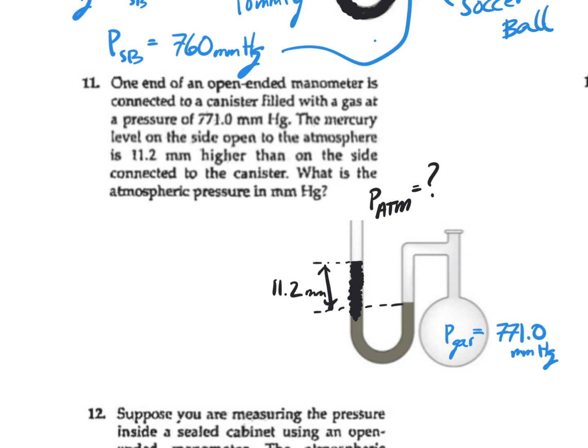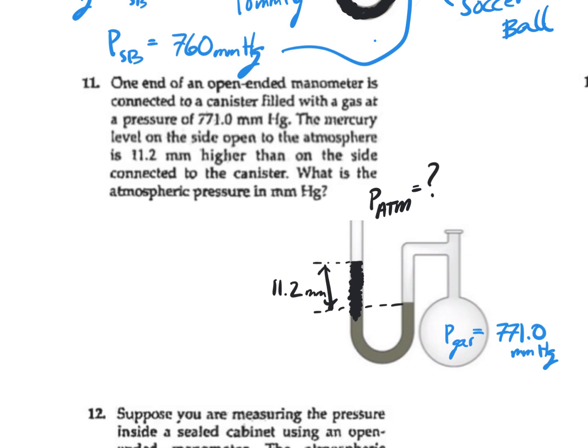We have a pressure inside the container at 771 millimeters of mercury, and the pressure of the gas inside is now pushing down on the mercury here, causing it to rise on this side. Okay, and it rose 11.2 millimeters above the mercury level on the other side.